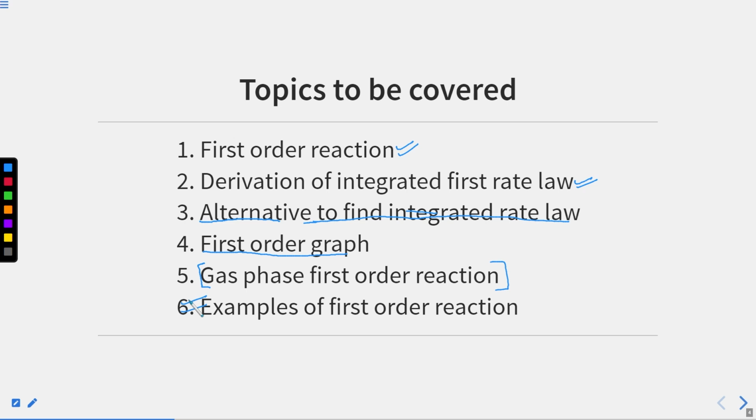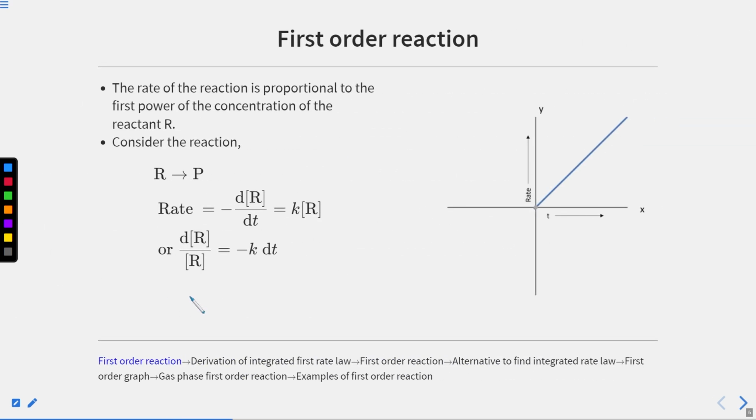First of all, let us start with the first order reaction. What is a first order reaction? In a first order reaction, the rate of the reaction is proportional to the first power of the concentration. Suppose we have a reaction in which reactant R goes to product, with coefficient 1 for both reactant and product.